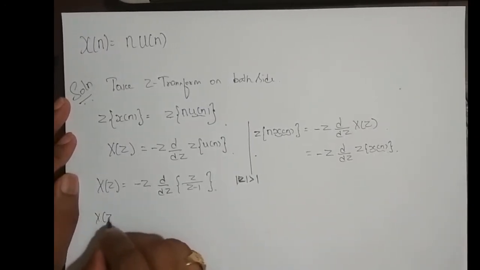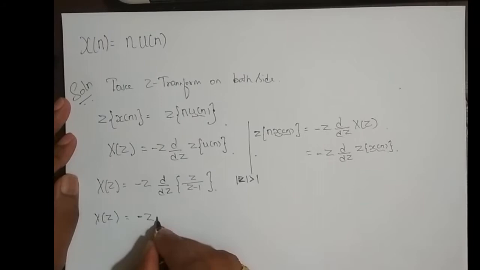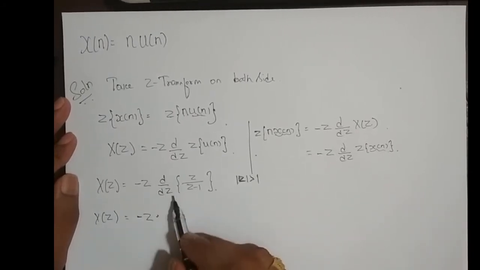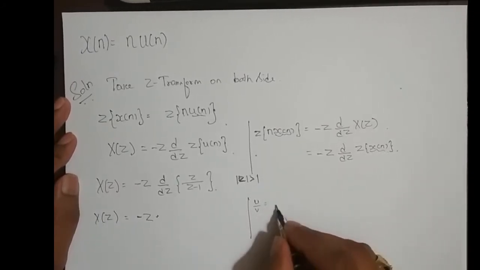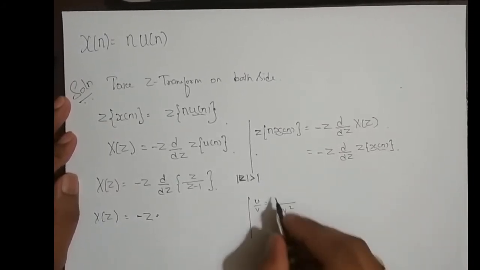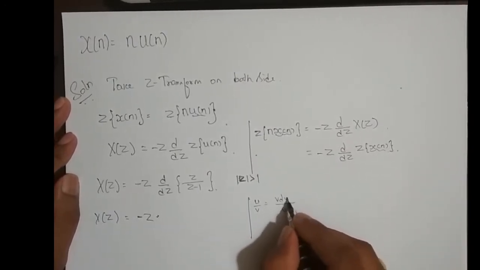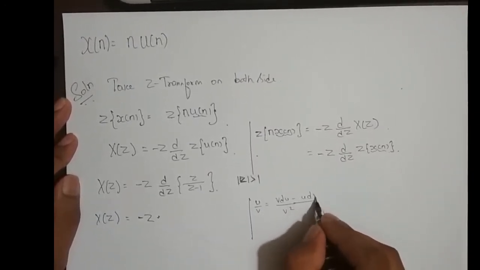So X of z is equal to minus z times the differentiation of z divided by z minus 1 with respect to z. It is of the form u by v. In the denominator it is v square, in the numerator v times differentiation of u minus u times differentiation of v.